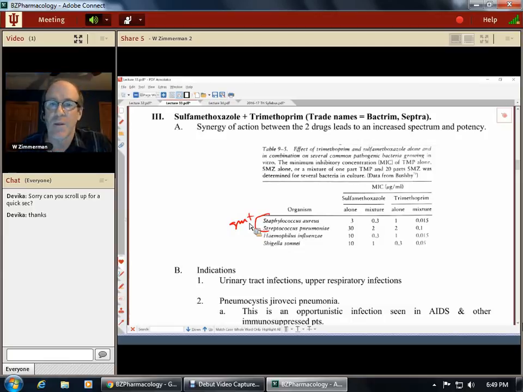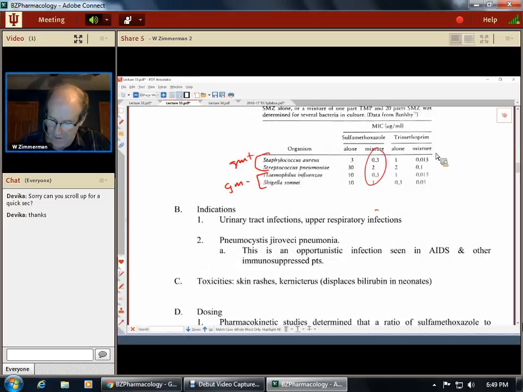The Haemophilus and Shigella are gram-negative. And what we see are the minimum inhibitory concentrations, alone or in a mixture. And in each of these cases, we do way better with the mixture. So, very good synergy.